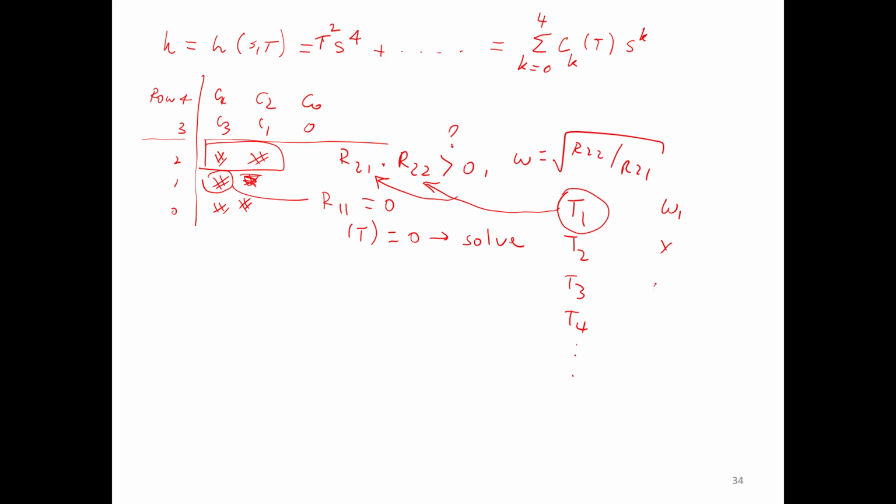Maybe T3 will actually cause an omega. And maybe T4 and all the others will not cause a crossing. So then to summarize, we have T1 causing a crossing omega 1, T3 causing a crossing omega 3. Good. So now we can use T1 and omega 1 in the arctangent formula to compute the corresponding tau values.